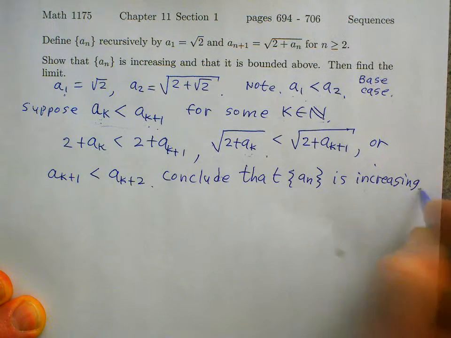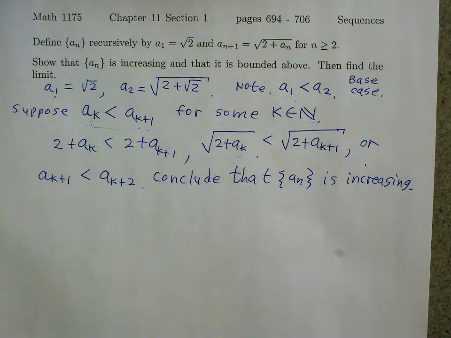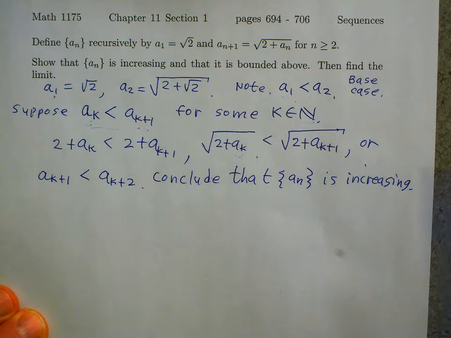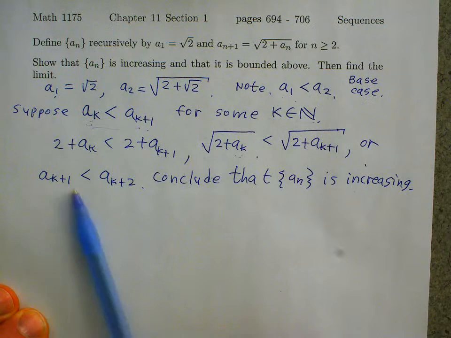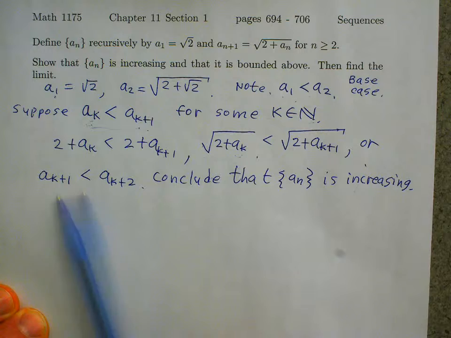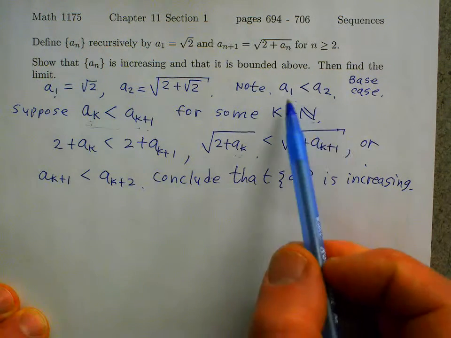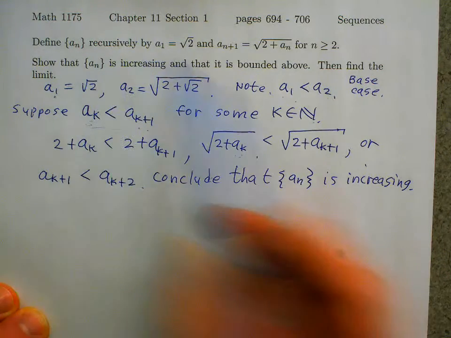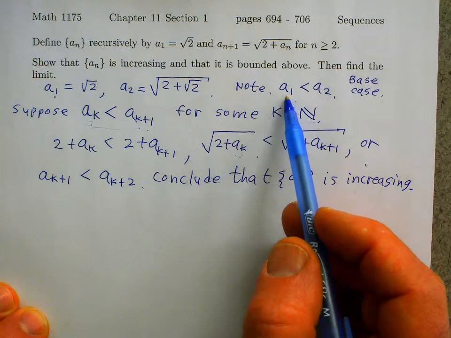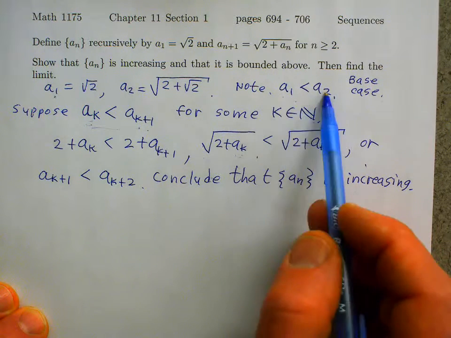Have you encountered this induction process before? It's a little bit subtle, but I'll just explain. Sometimes it takes a while for this to click. So in this case, we wanted to show that the sequence is increasing, so we start at the beginning and show that at least for the first 2 terms, it's increasing.